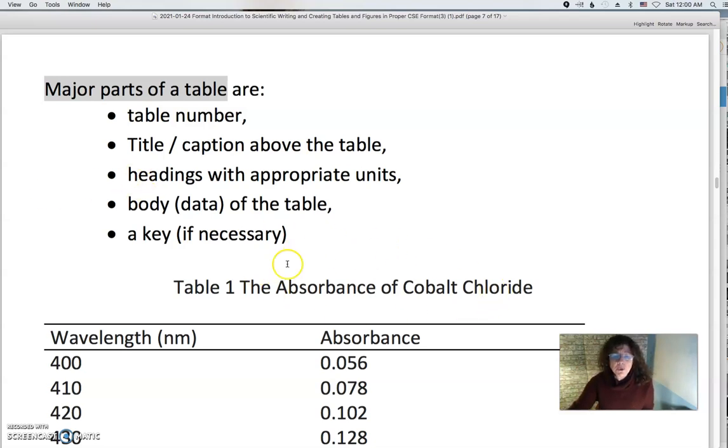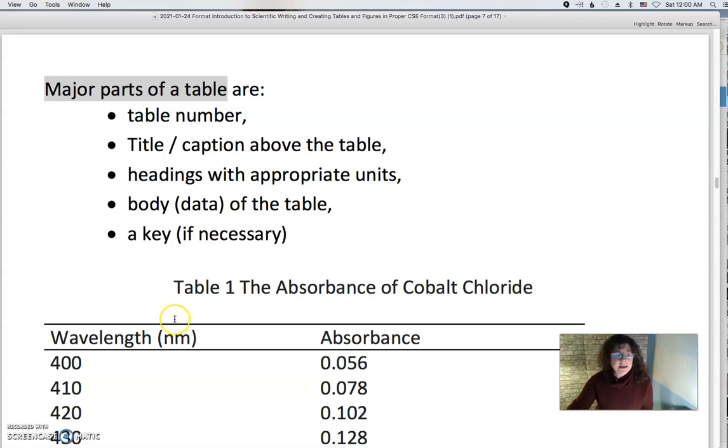This one is the absorbance of cobalt chloride on top of the table. The headings are the column titles, and they include the units with them. The body of the table is all the data. Sometimes a key may be necessary. The ones that you are seeing in your file do not have a key.